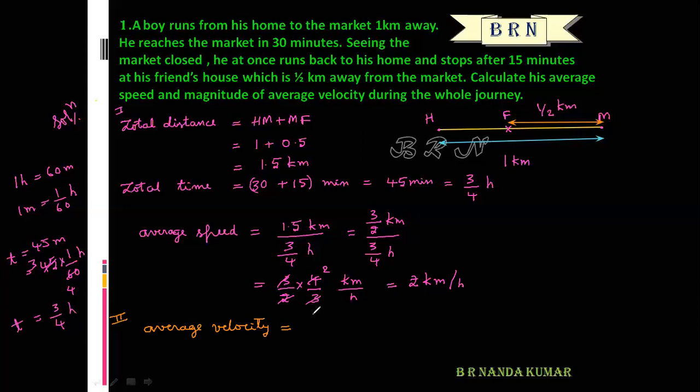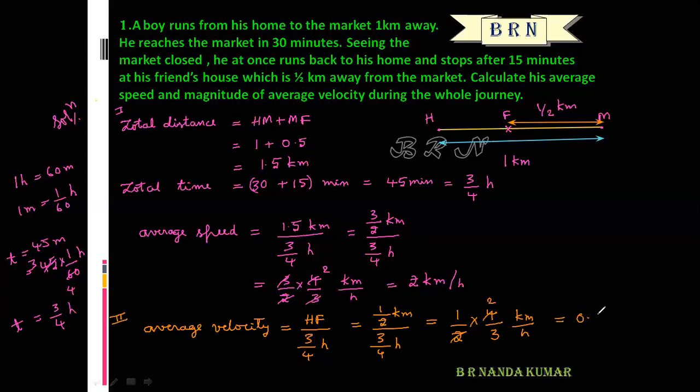So total displacement is HF, divided by the total time, the same 3 by 4 hour. HF is half kilometer, so 1 by 2 kilometer divided by 3 by 4 hour. This is 1 by 2 into 4 by 3. The unit is kilometer per hour. So it is 2 by 3 kilometer per hour.